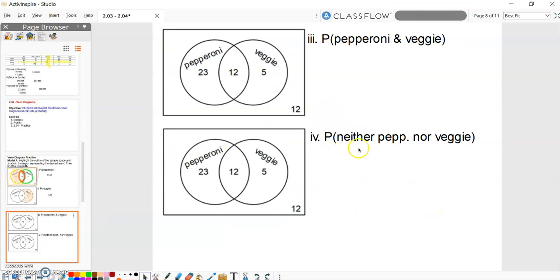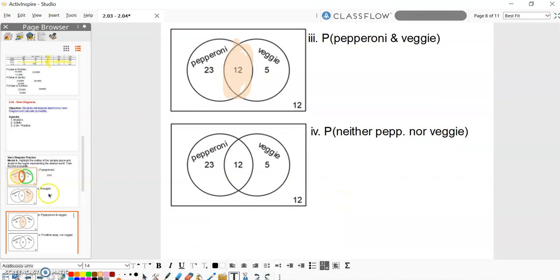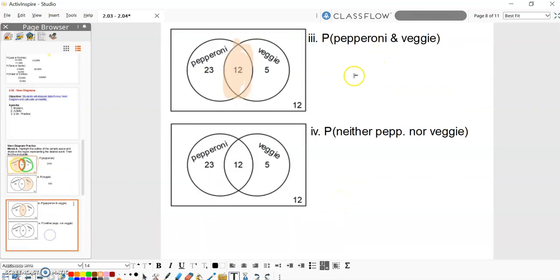Next question. Okay, same numbers all again. Pepperoni and veggie. This is the both option, so that's the one in the middle. We have 12, so 12 over, what was the denominator before? It's 52. So we have 12 over 52.